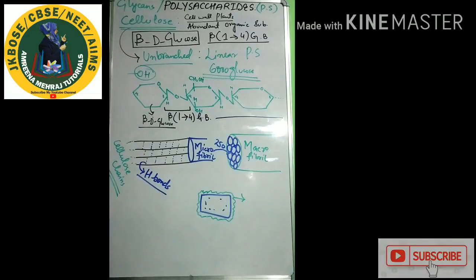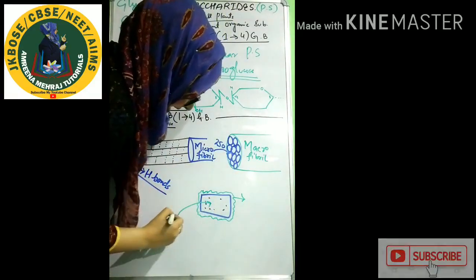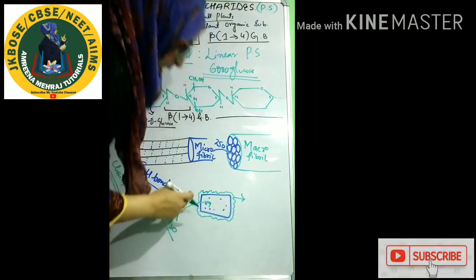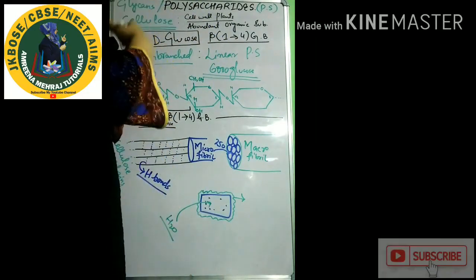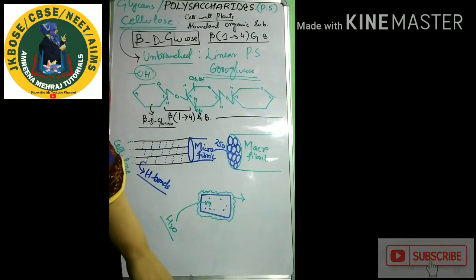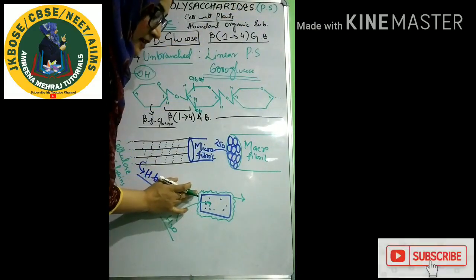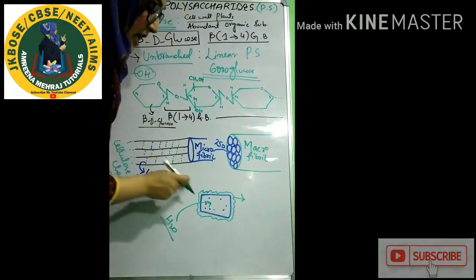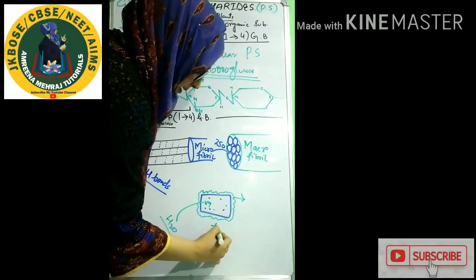It having high tensile strength means that if water enters into this cell, this cell is not going to burst, as is the case with animal cells. If water enters osmotically into an animal cell, there is a possibility that finally the cell will burst. But that will not happen with the plant cell because of its cell wall. This plant cell will take up the water and finally it will become turgid.